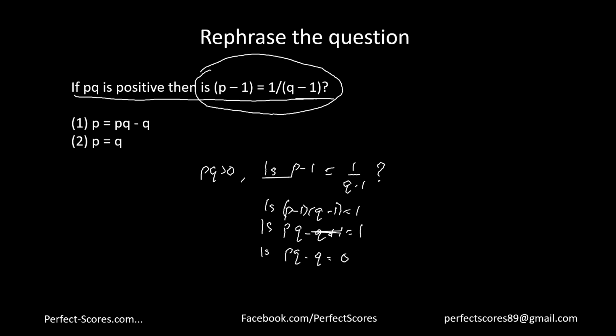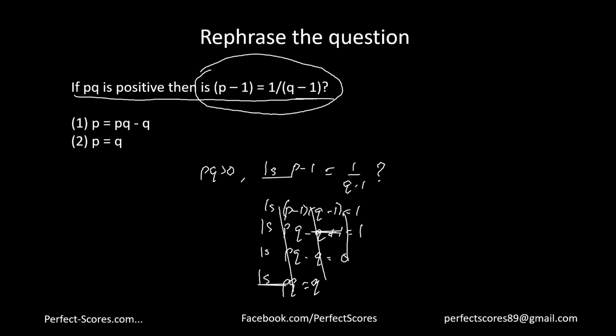So basically the question is asking me, is PQ equal to Q? Right? And let me just make sure that I have done it right. So PQ minus Q, P into Q, this into this. Oh, I have actually solved it wrong.